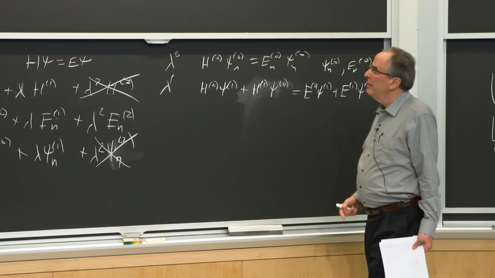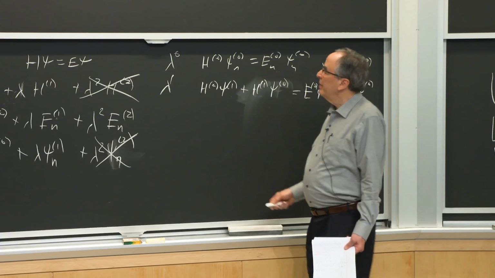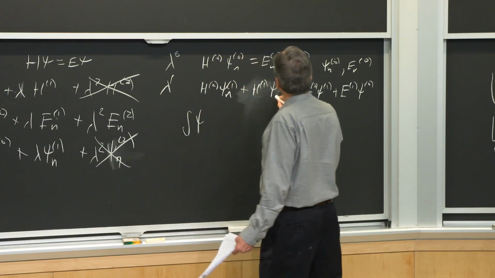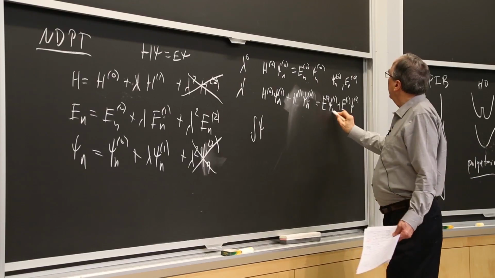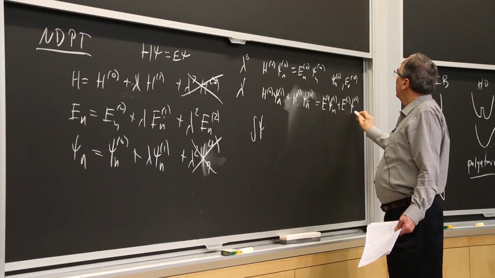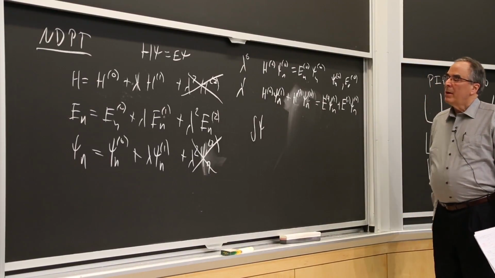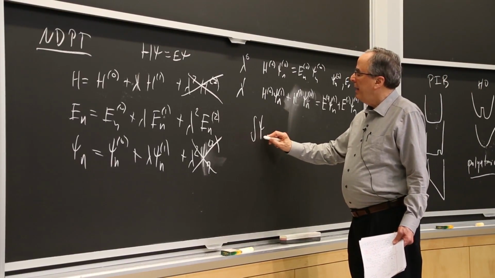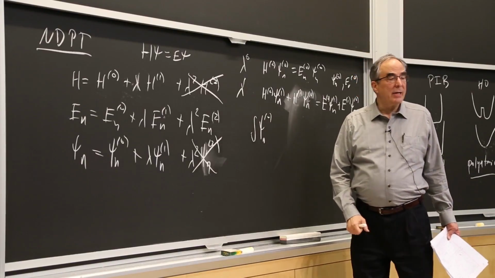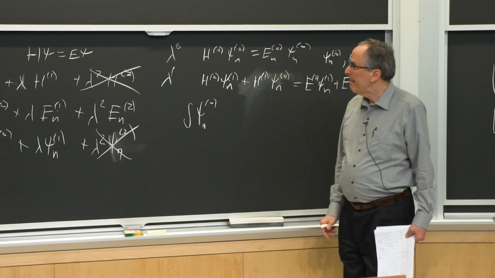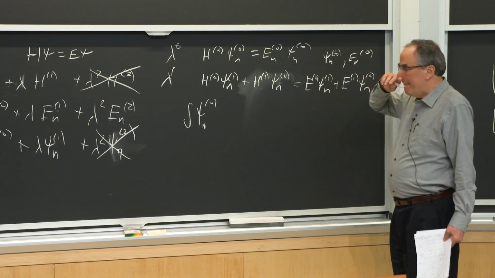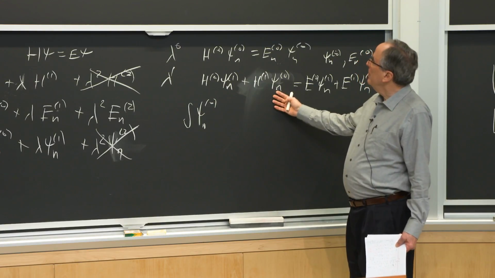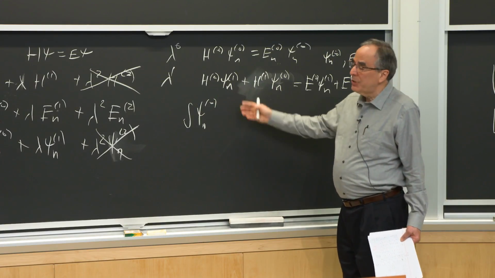What are we going to do with it? Well, one thing we can do with it is multiply on the left. And let's just put some indices here. So we have n, n, n. Okay, and we're going to multiply on the left and integrate by psi n0. Okay. So we're going to get a bunch of terms.